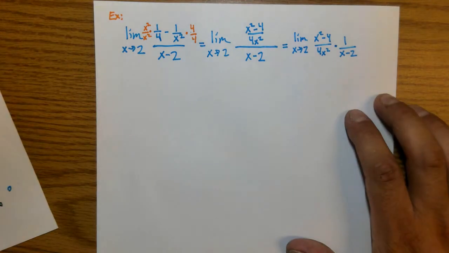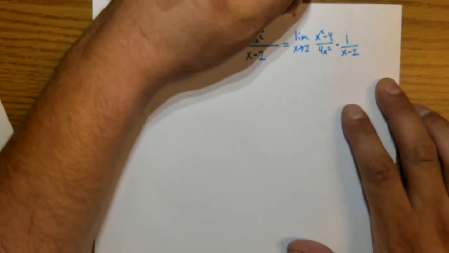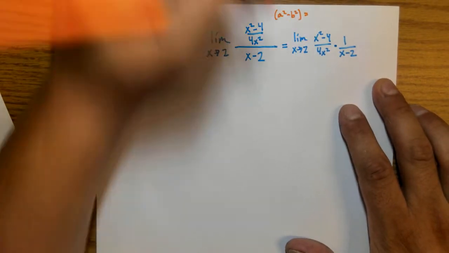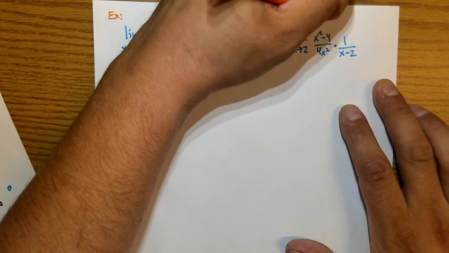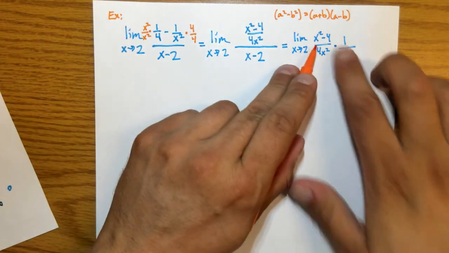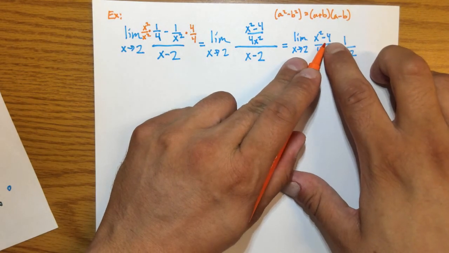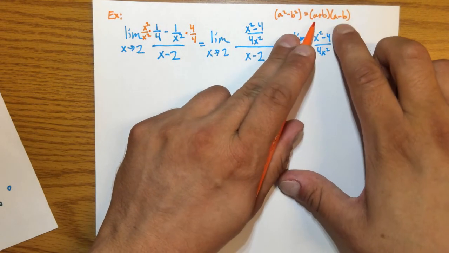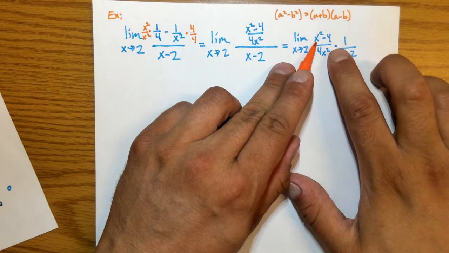But remember a difference of squares. If we have something like a squared minus b squared, it's equal to a plus b times a minus b. And if you notice, x squared is a square, and 4 is a perfect square, and they're being subtracted. So let's put it into this form. The square root of x squared would be x.